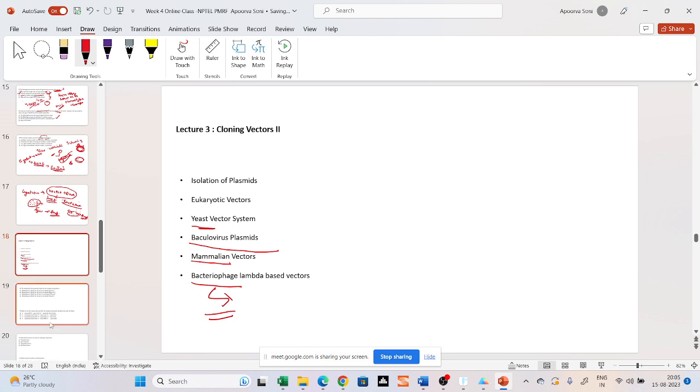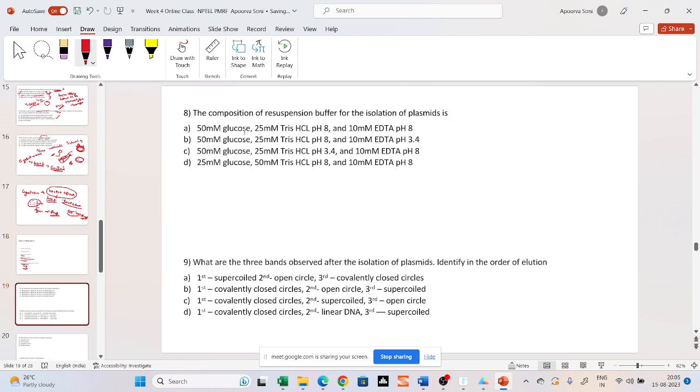Now we'll see this question. The composition of resuspension buffer for the isolation of plasmid is, what is the answer?